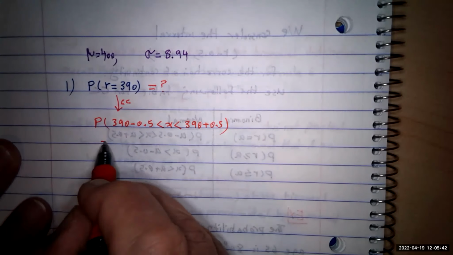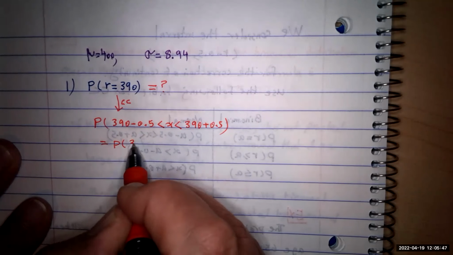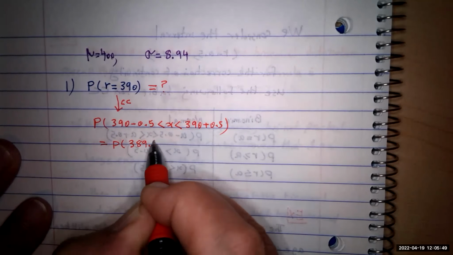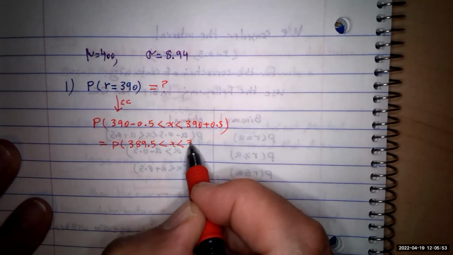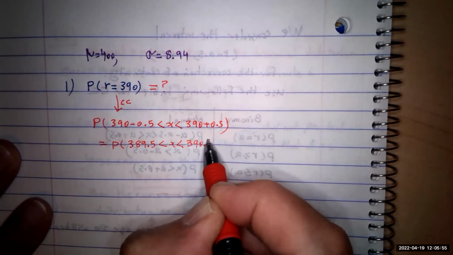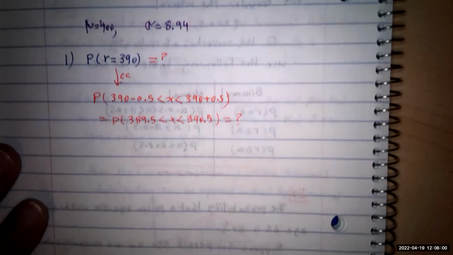So the conclusion is the probability that X is between 389.5 and 390.5. You see? So this is the question.